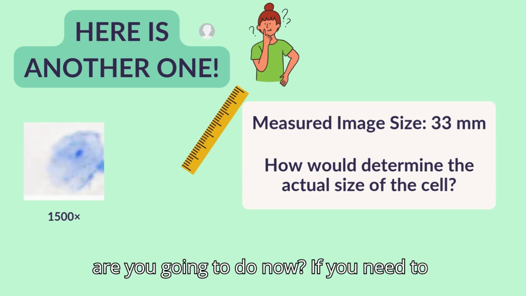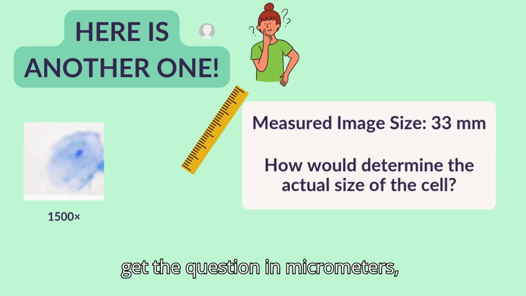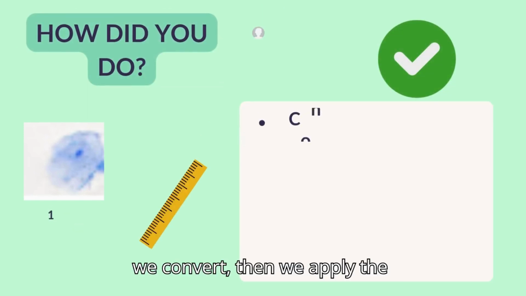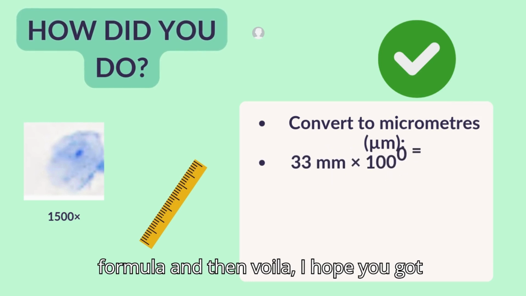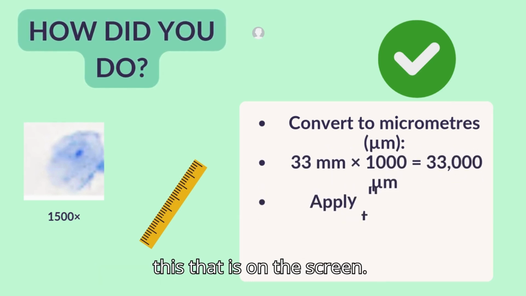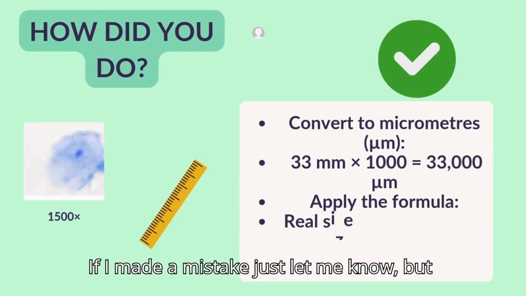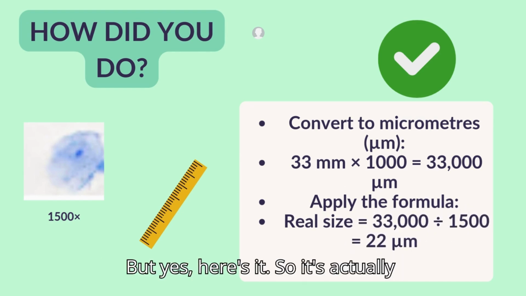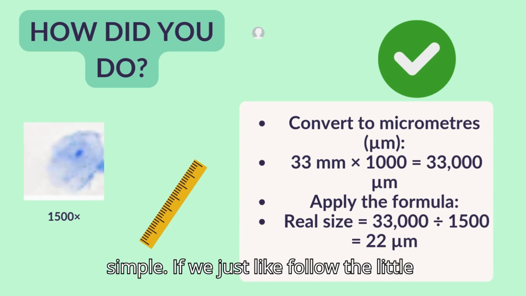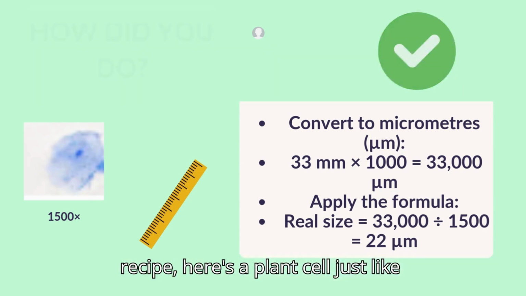What are you going to do now if you need the answer in micrometers? We convert, then we apply the formula, and then voila! I hope you got that. That is on the screen. If I made a mistake, just let me know, but I don't think I did. It's actually simple if we just follow the little recipe.